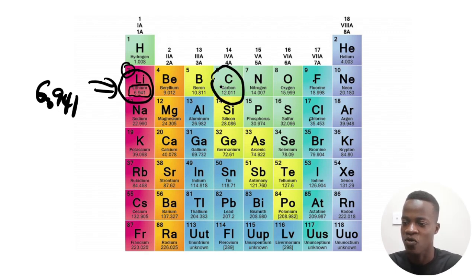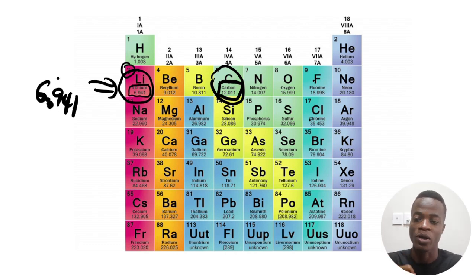Carbon itself is 12.011, but it contains carbon 12, carbon 13, carbon 14. Based on the relative abundance of each of them, coupled with their mass numbers, when we find the average of all that, we are going to have a particular number. So this is like the relative atomic weight if you put all the components together.